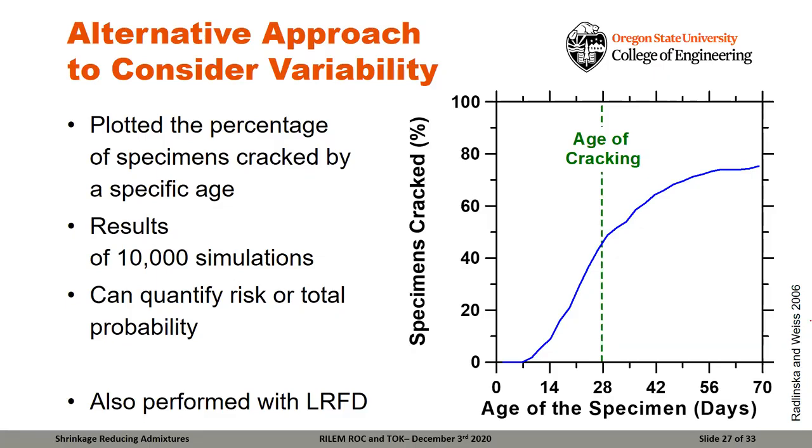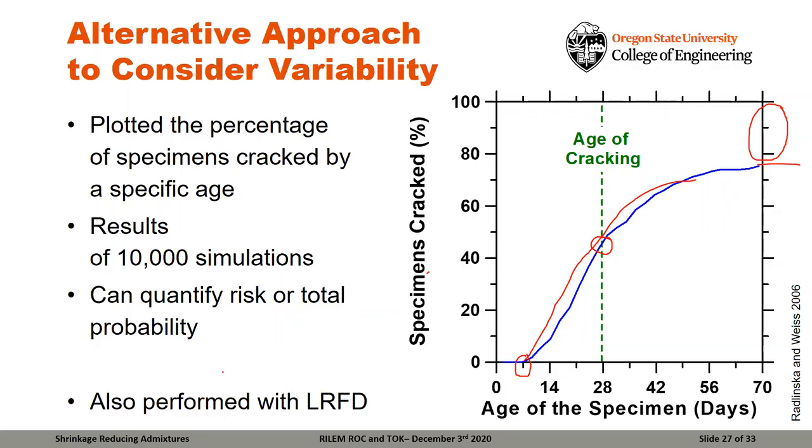If we did this with deterministic properties, this particular sample that we're simulating would crack at an age of about 28 days. So this is our deterministic solution. But as we start to place variation in the system, we notice that some of the earliest samples crack at around 7 days, and some of the samples never crack. We could take this out for a year, and we have a certain percentage of the samples that never crack.